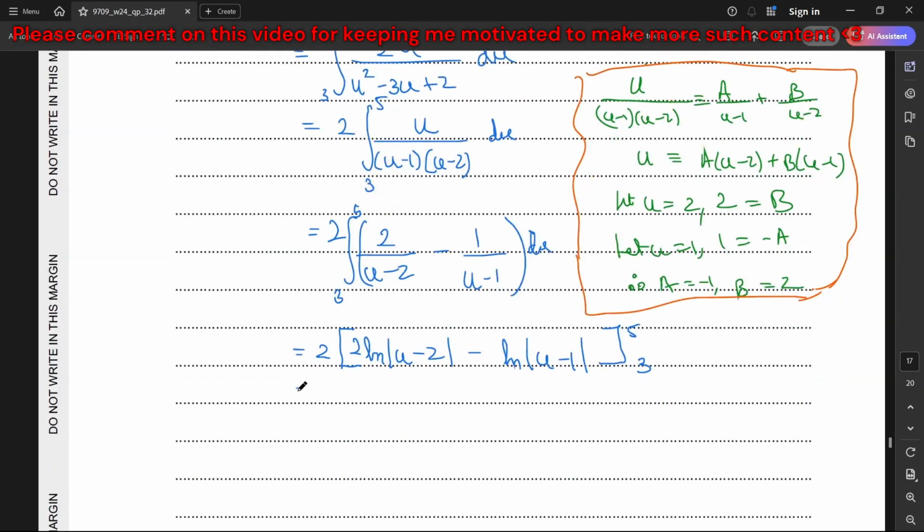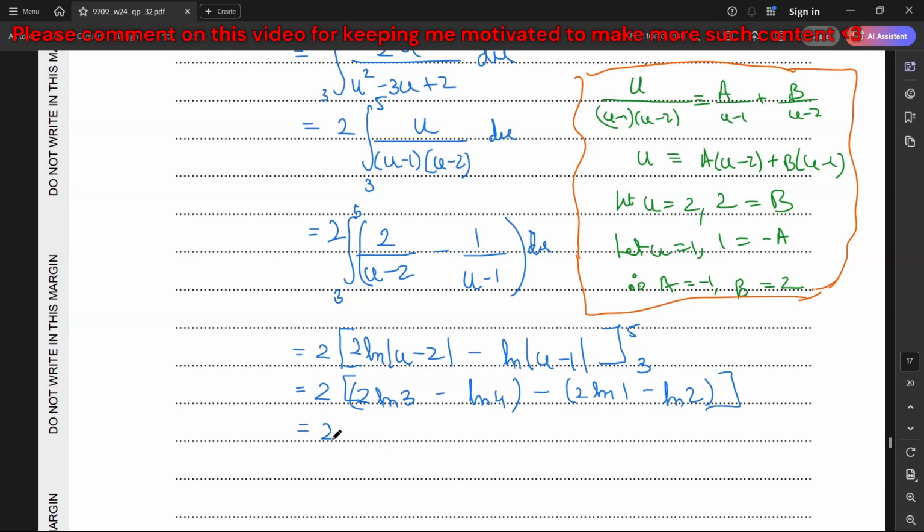So you're left with what? 2 times 2 ln 5 minus 2 is 3 minus ln 5 minus 1 is 4, then minus 2 ln 3 minus 2 is 1. So I'll just write it as 2 ln 1 minus ln of 2.